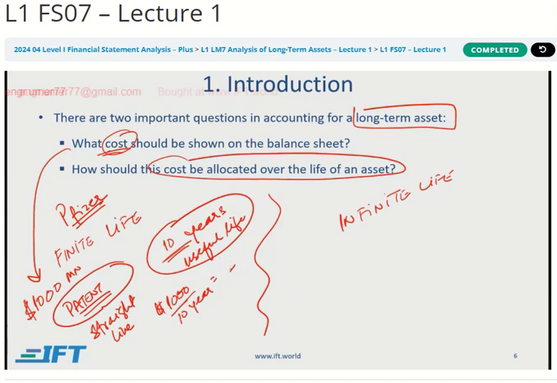So what we will do is we will take that 1,000 million that we have paid, and we will say, okay, every year we are going to amortize this. So it's similar to depreciation, but because it's an intangible asset, the word we will use is amortization. So it will be amortized by $100 million every year, and in 10 years all that 1,000 million will be expensed out through amortization.